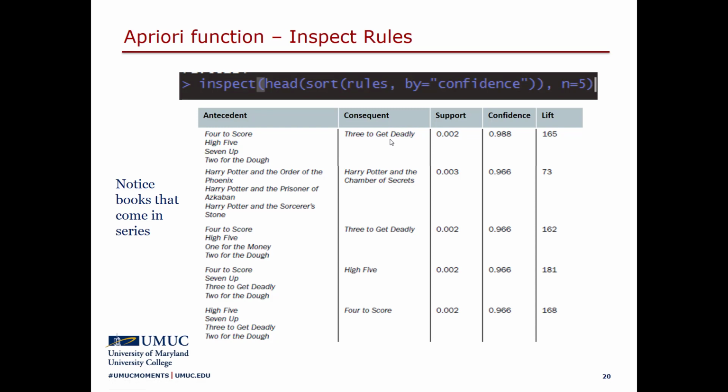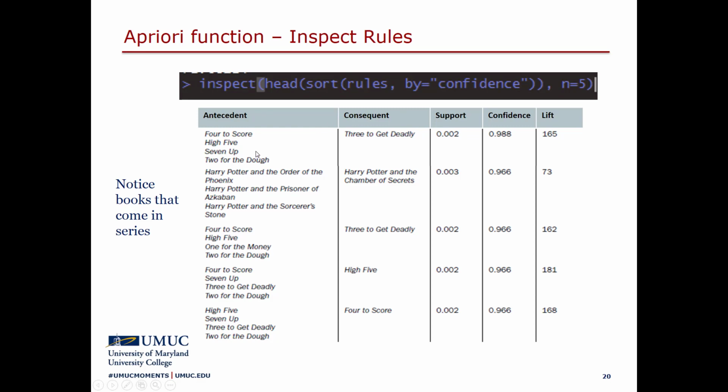That means a customer who purchased these books also purchased this book, and that holds with 98.8% confidence. And the proportion of cases that satisfy these conditions is 0.2%, which is the support. And the lift, as we discussed earlier, which combines support and confidence, is a rather high number. So this is more or less a real rule, which was not generated through random noise.